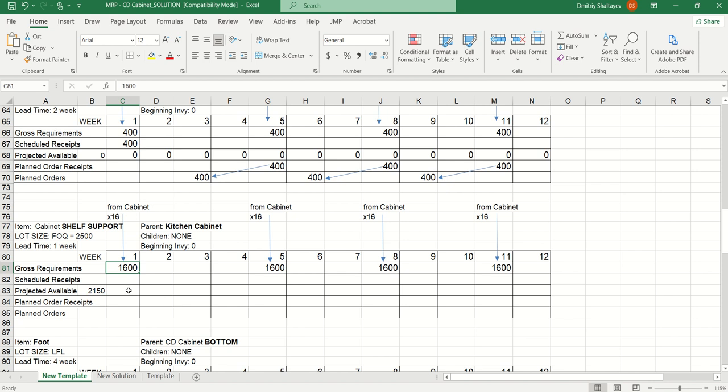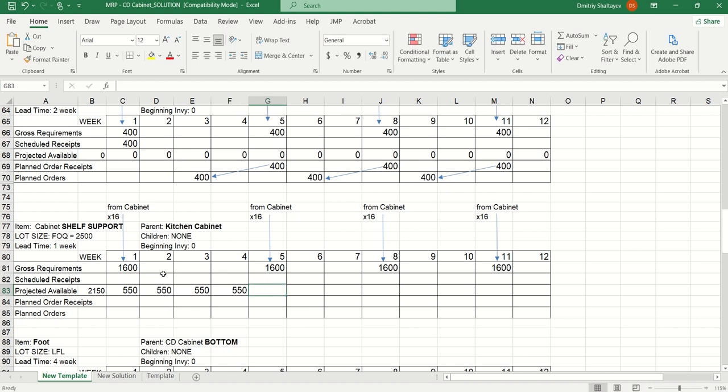And how much is my leftovers? Oh, how much is 2,150 minus 1,600? 550, right? So at the end of this week 1, I'm going to have 550 shelf supports sitting on the shelf, right? Same thing happens in week 2, 550, in week 3, oops, and in week number 4, 550.